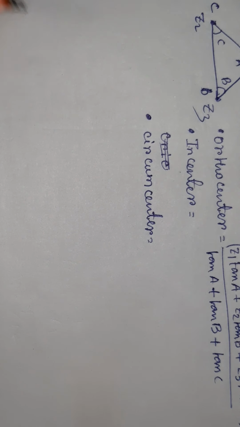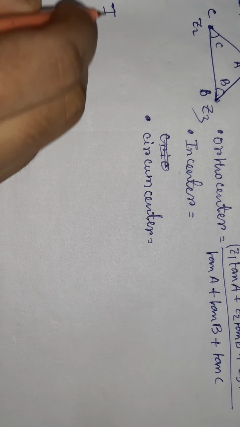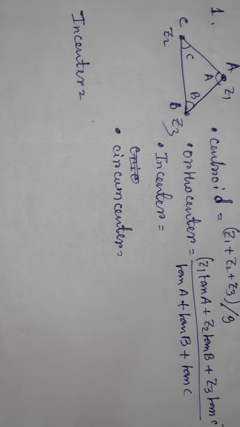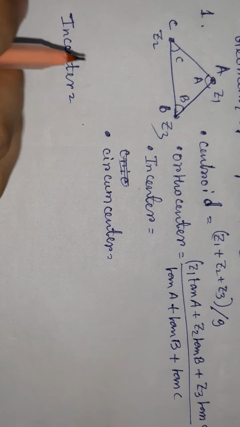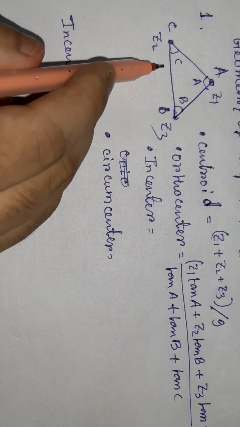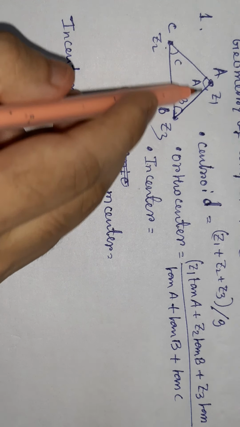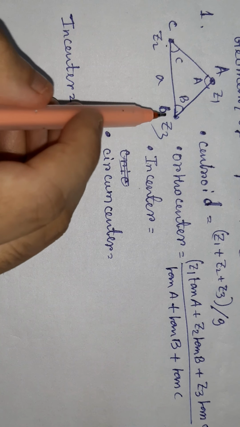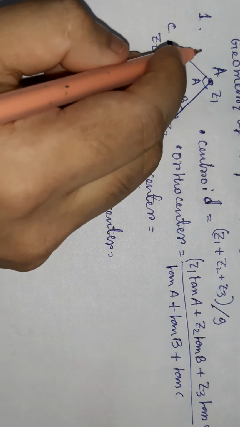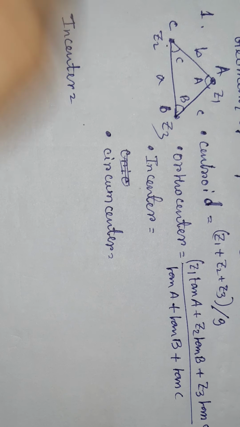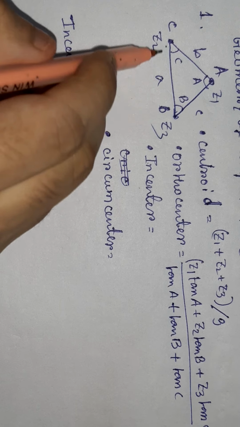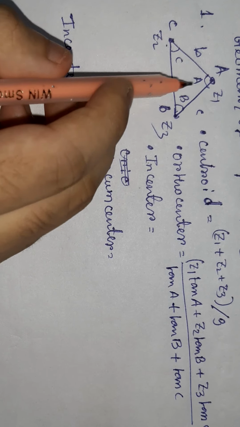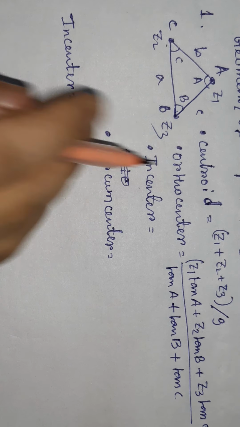Okay, and the incenter coordinate, taking this triangle picture one more time: the length of the side opposite to angle A is small a, the length of the side opposite to angle B is small b, and that of C is small c. These are the lengths of the sides opposite to angles A, B and C respectively.